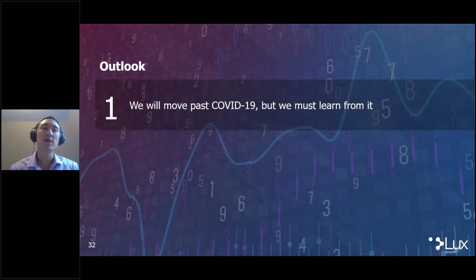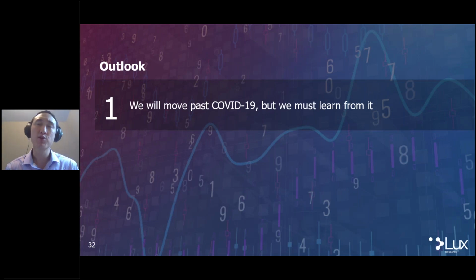The first thing is we can't ignore COVID-19. I don't think we can expect everything to suddenly go back to normal necessarily, even though the vaccine and other things will enable that. I think we should be confident that we'll move past COVID-19.